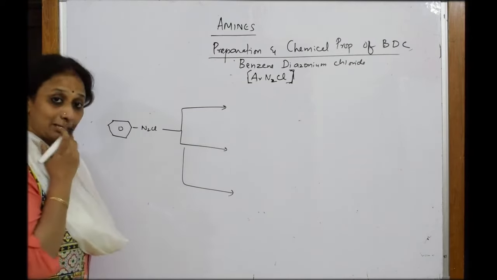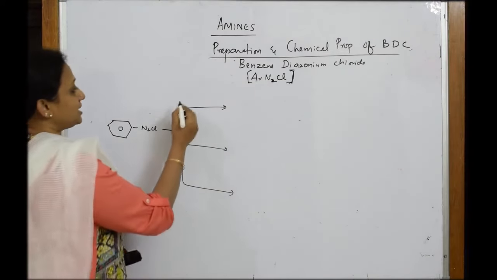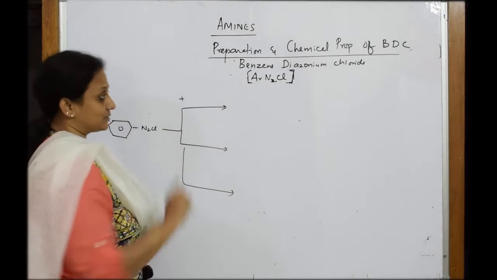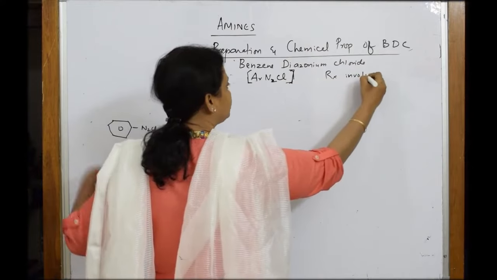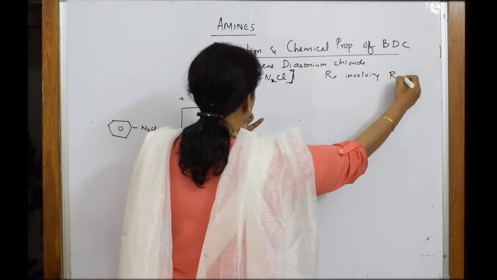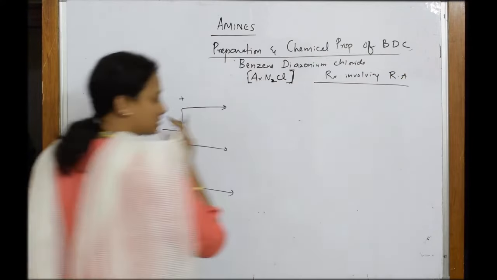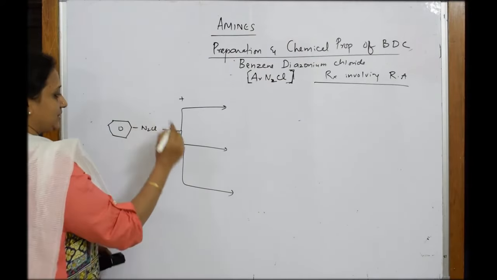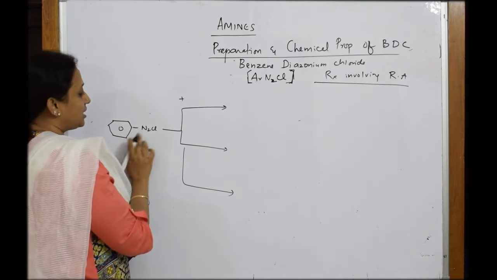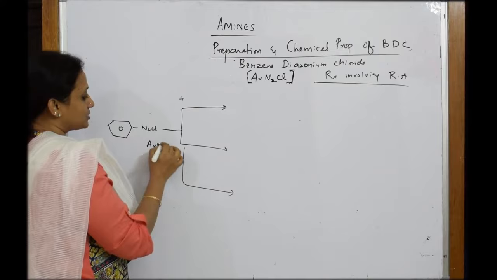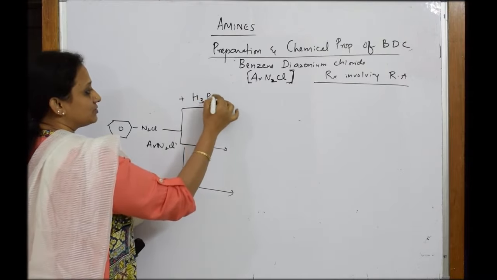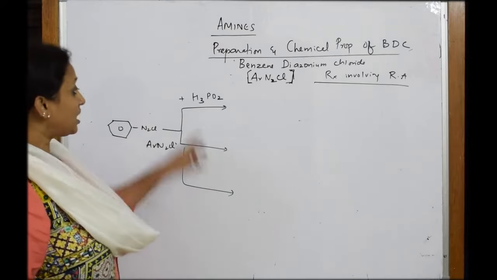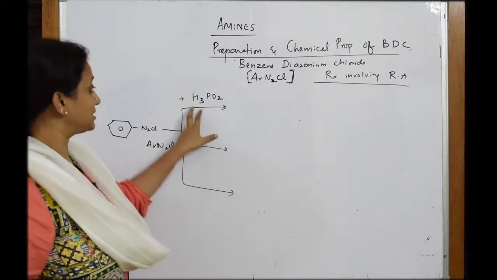Now I'm going to show you three important conditions. Here I'm going to take BDC and introduce a reducing agent. So we are going to write reactions involving reducing agents. What are the reducing agents which I am going to use in the exam? If you see ArN2Cl and if they show you this particular thing, what is this? Hypophosphorous acid.